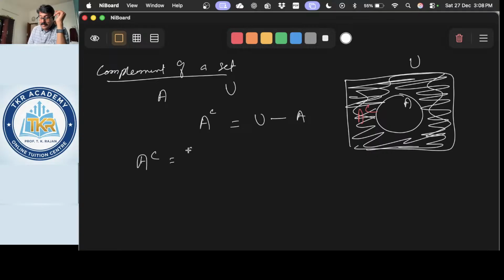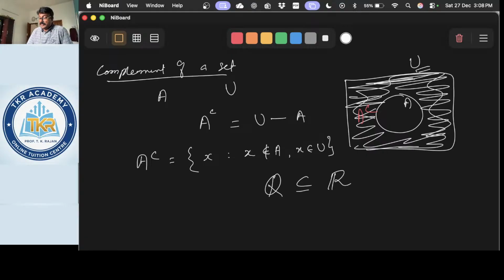So how do we define A complement? A complement is equal to the set of all x such that x is in U but x is not in A. When this U changes, A complement changes. For example, I told you the set of all rationals is a subset of the set of all real numbers.